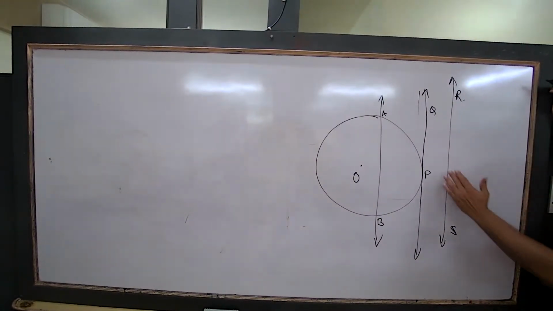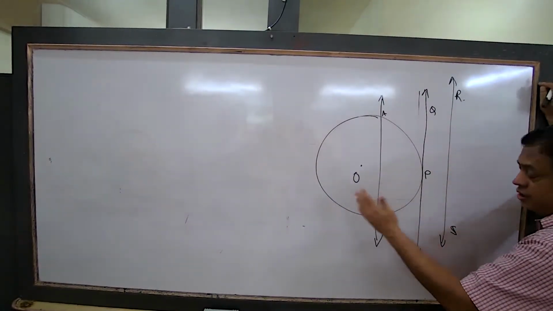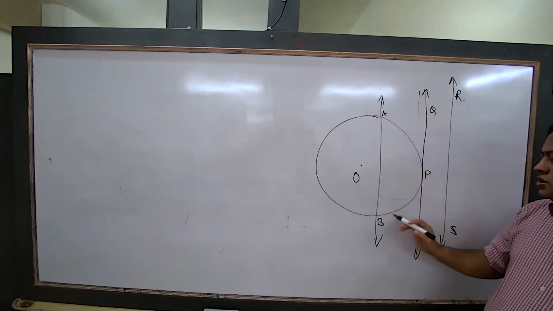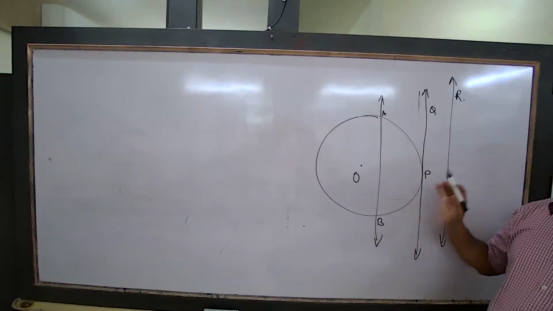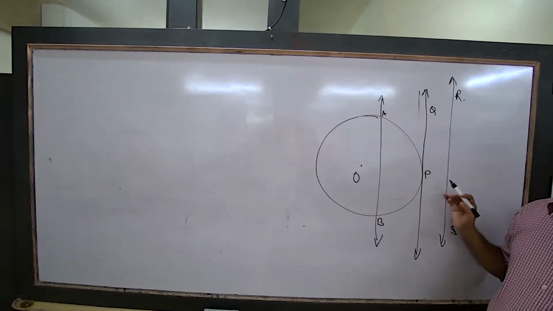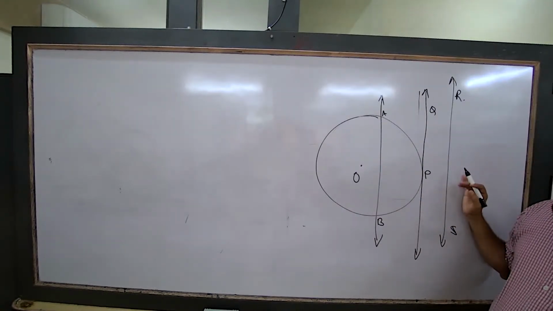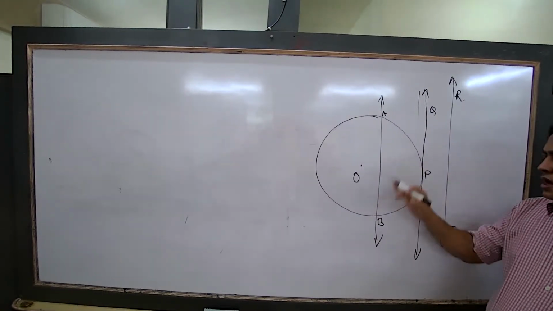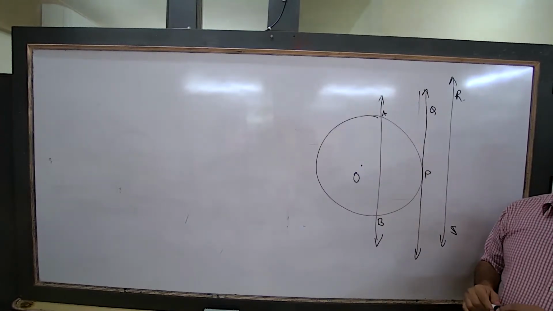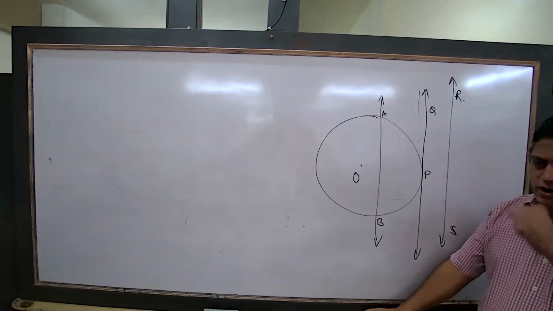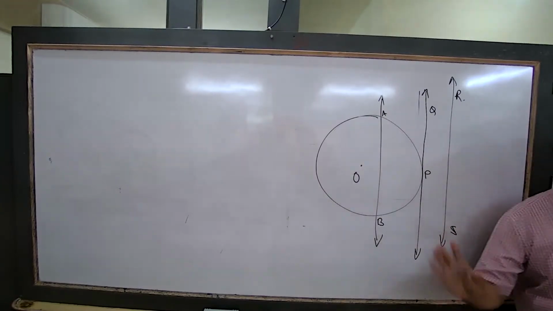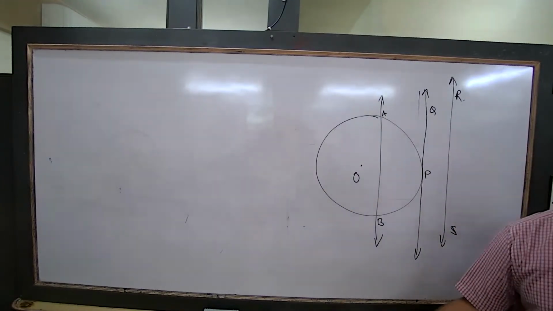This line can be anywhere, no need to be inside or outside. The next condition is that PQ and AB are drawn parallel to RS, where PQ is the tangent at P and AB is the secant. Clear now? Yes, sir. Constructions are not there. Over.